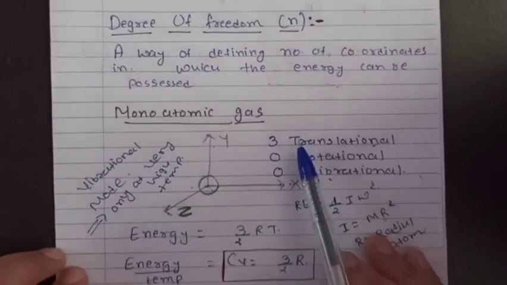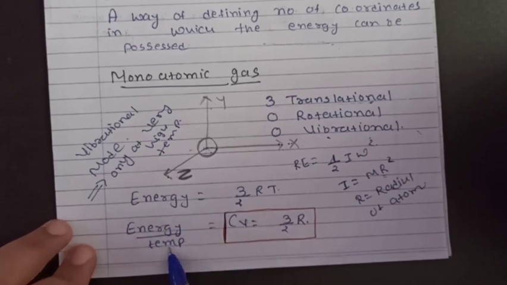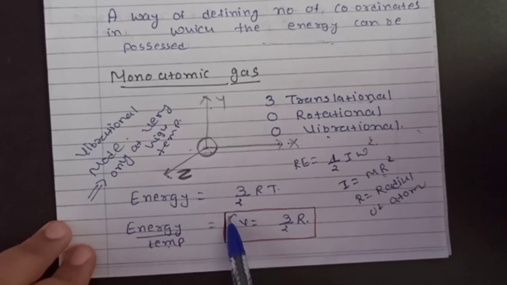Here total degrees of freedom are 3, so energy will be 3 RT by 2. But energy per temperature change is called specific heat. It will give us the specific heat at constant volume, that is denoted by CV. So specific heat at constant volume will be 3 by 2 R.